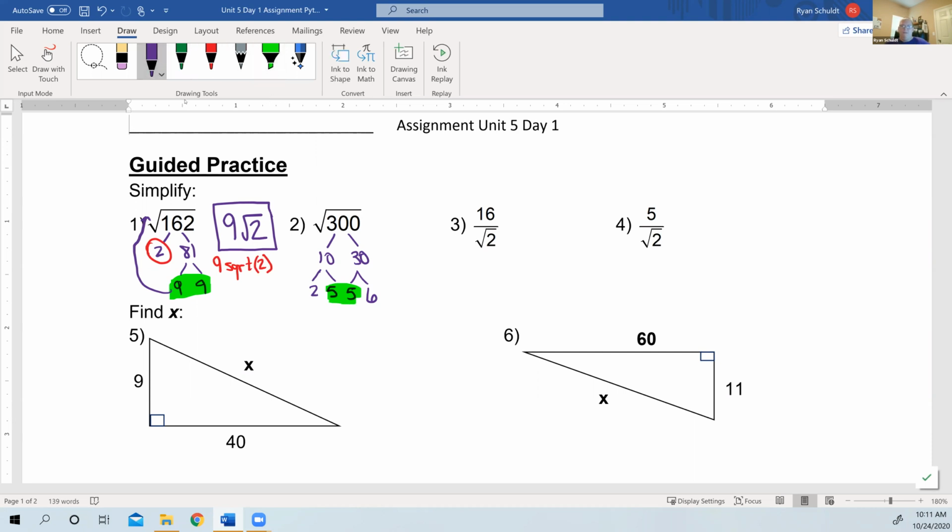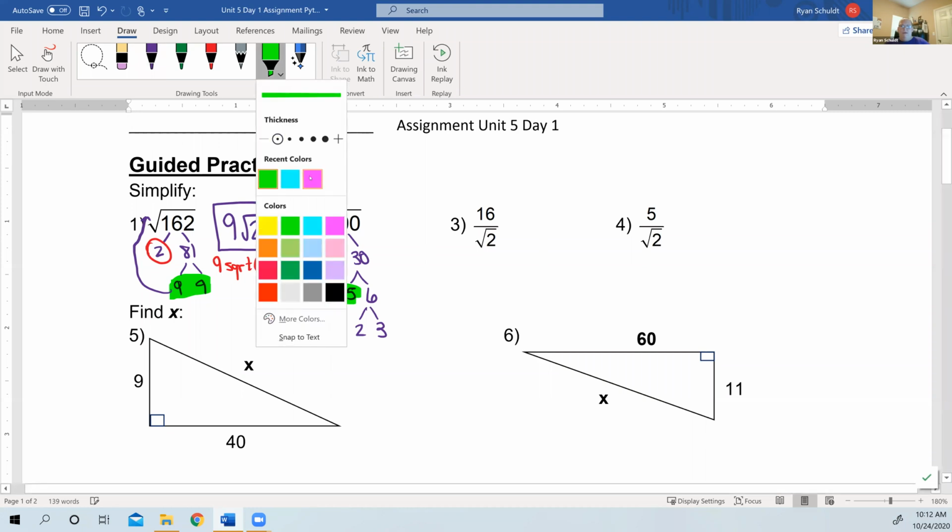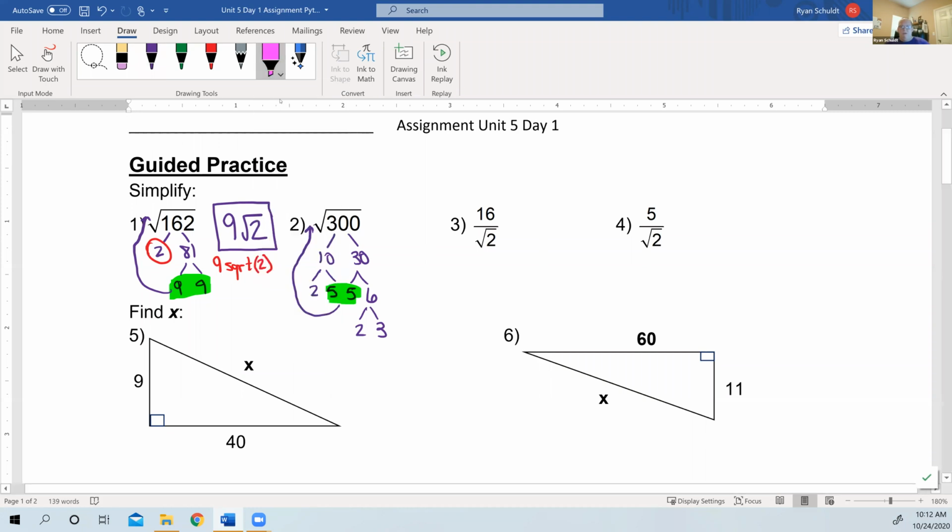Now, the pair, it's instantly going to come out. So it's coming out here. Now, the 2 I'm done, but the 6 I can break up into 2 and 3. Oh, hey, there's another pair.